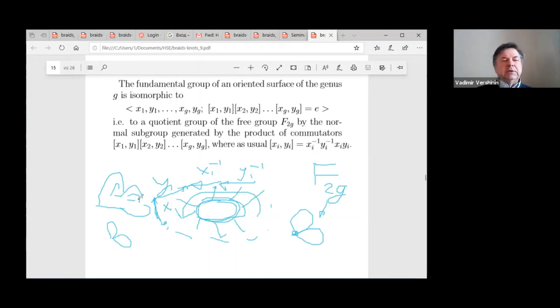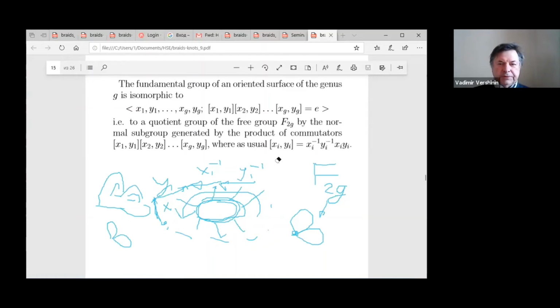These ribbons give us the wedge, and this is exactly 2 circles and genus 1. So we should have the wedge of 2 circles, and the fundamental group of the surface that we considered in our moves, the Reidemeister moves, gives us a free group of rank 2. Okay. So this is about the free group.